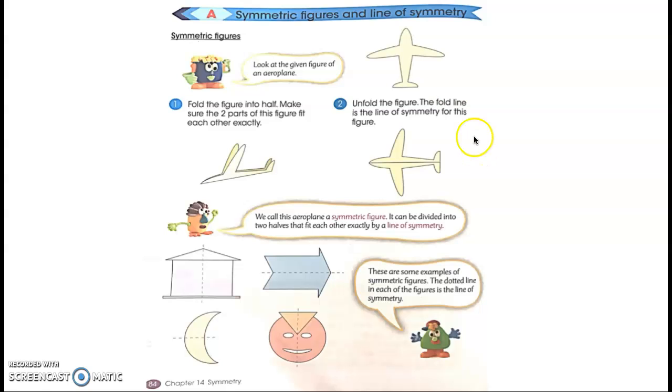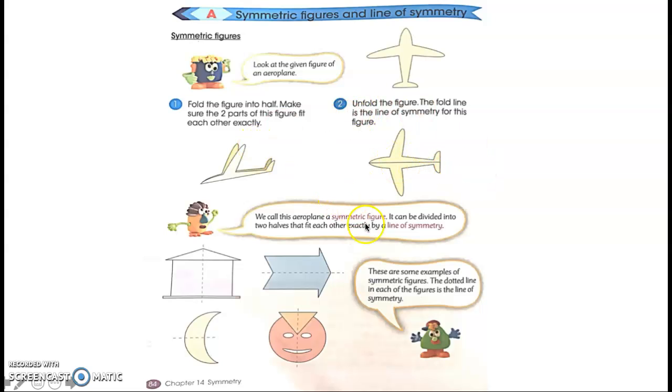For example, if this aeroplane is folded from the line of fold, and those two parts, this part and this part, overlap each other exactly without deviating, then the aeroplane is symmetrical. That is how objects become symmetrical.